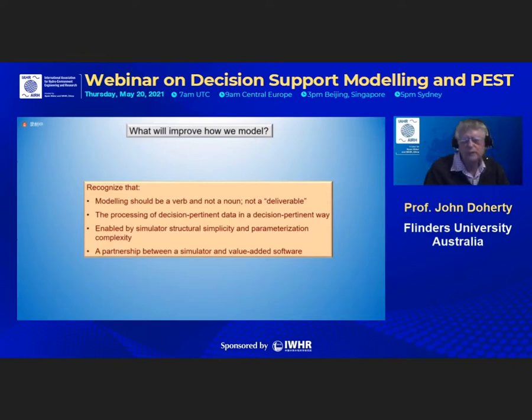And in my experience, that will not mean necessarily a structurally complicated model.